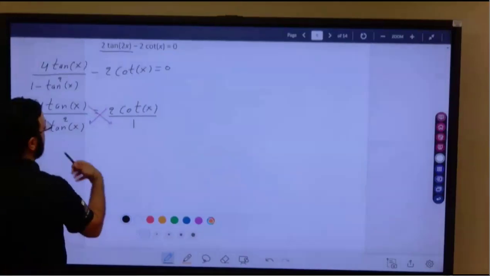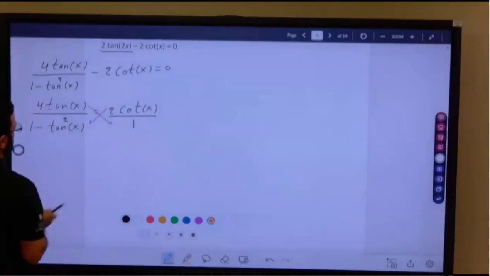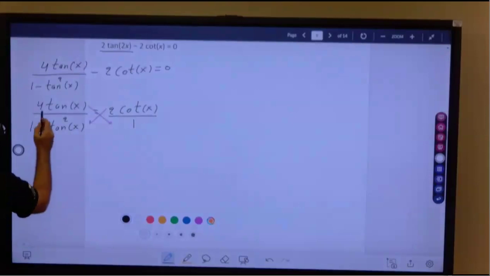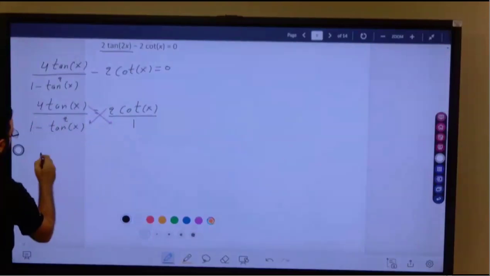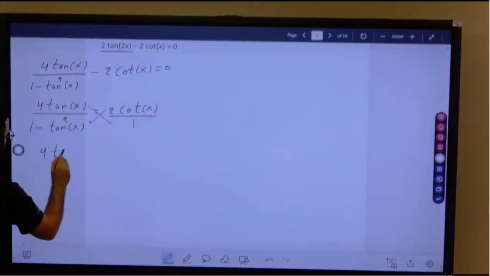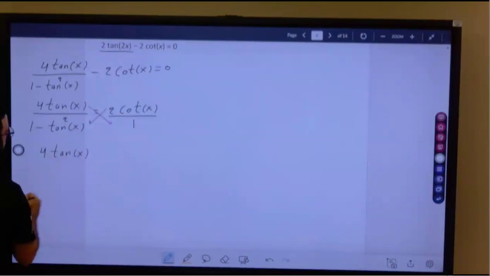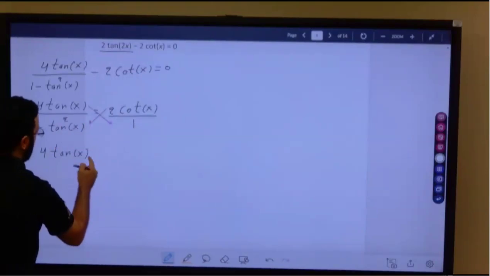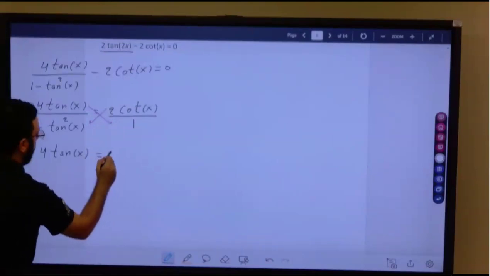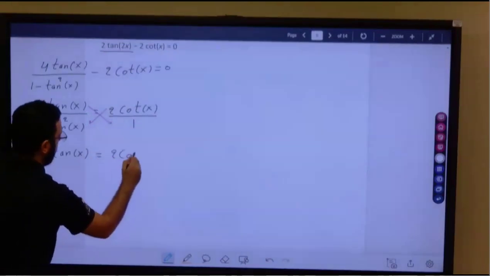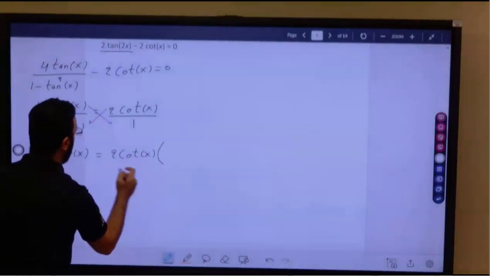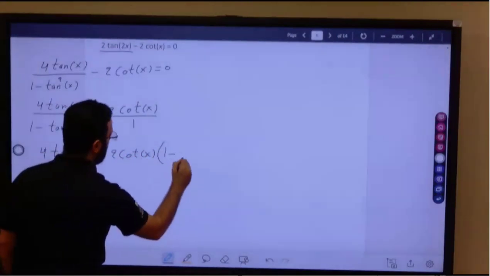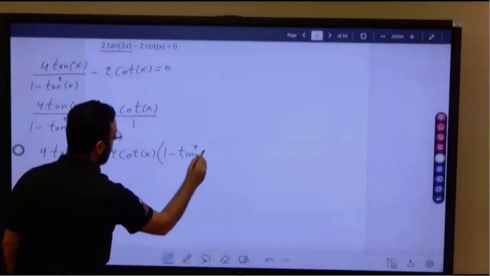But we need to convert the fraction to an equation. It's easier to work on. So that means 4 tangent x times 1 is going to be 4 tangent x times 1 equal 2 cotangent x times 1 minus tangent squared x.